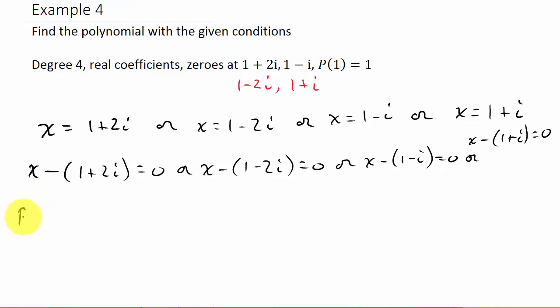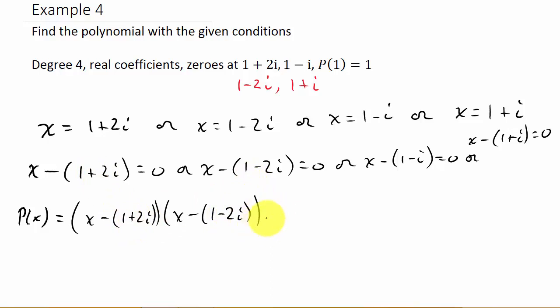Then I put all these together multiplied. So that's my polynomial. P of x is equal to x minus 1 minus 2i times x minus 1 plus 2i times x minus 1 minus i times x minus 1 plus i.